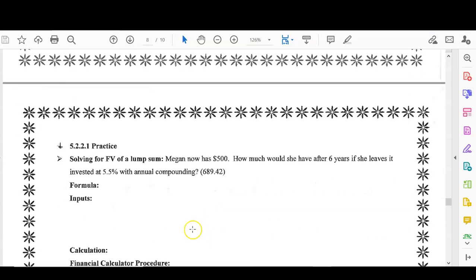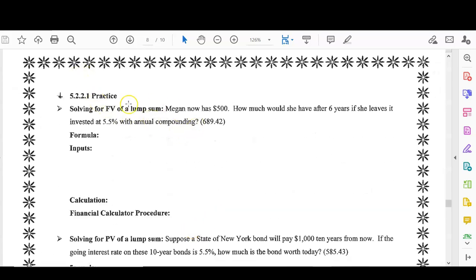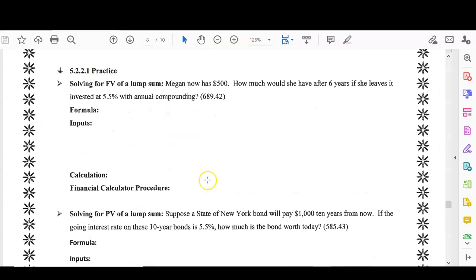And then you can go to our practice here. Okay, I have put some of the end of chapter problems. You can try to solve these questions by using the formula and the financial calculator procedure. You can always work with the financial calculator first, as I would think it's the better method.